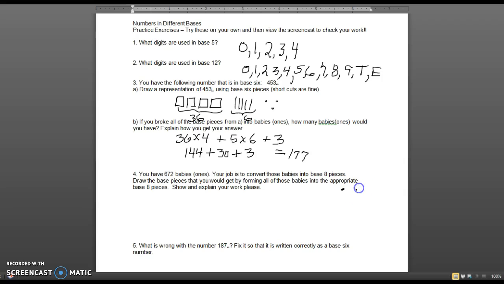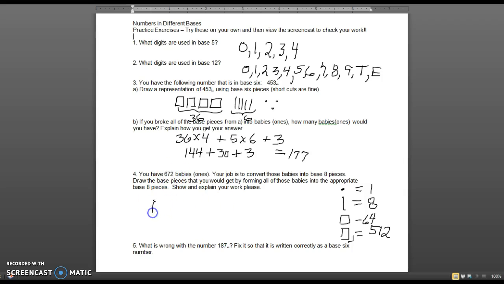My babies will be 1s, my longs will be 8s, my flats are 64, my shadows are 512, and that's going to be all I need, because if I go higher than that, I'm going to way surpass 672.